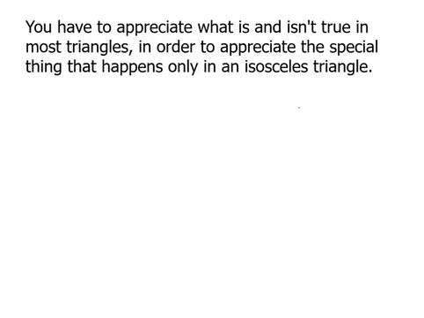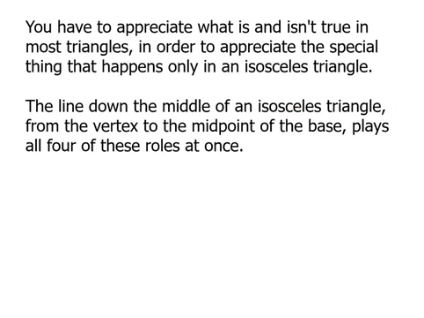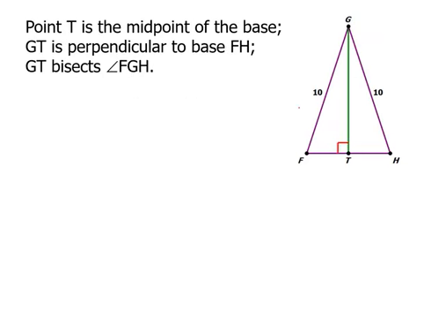You have to appreciate what is and isn't true in most triangles in order to appreciate the special thing that happens only in an isosceles triangle. The line down the middle of an isosceles triangle from the vertex to the midpoint of the base plays all four of these roles at once. So in other words, point T is the midpoint of the base.